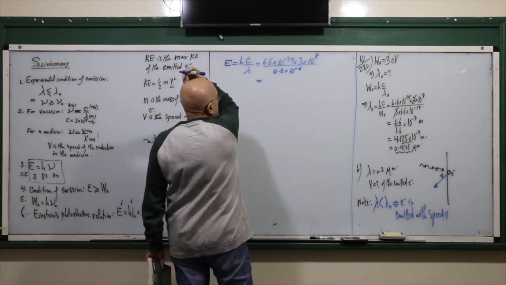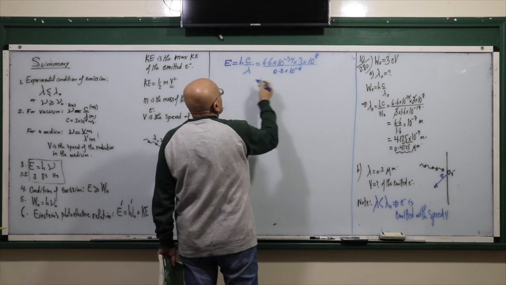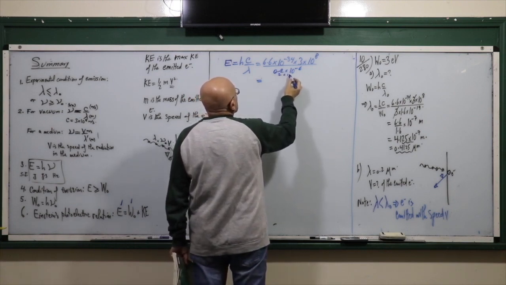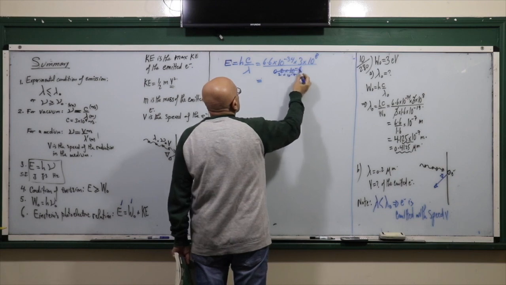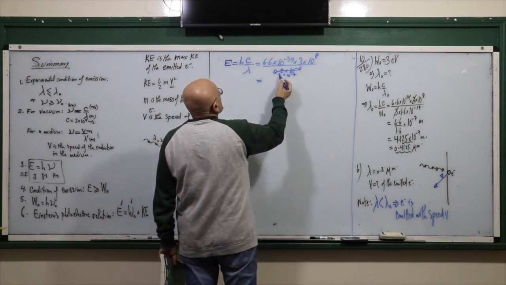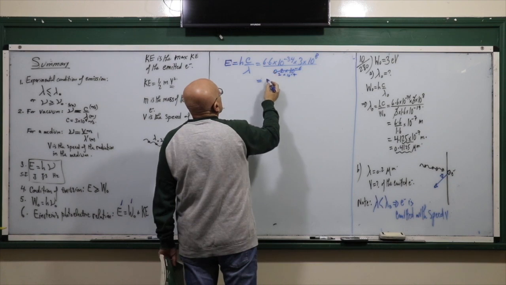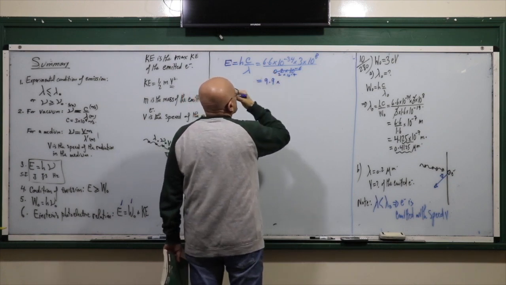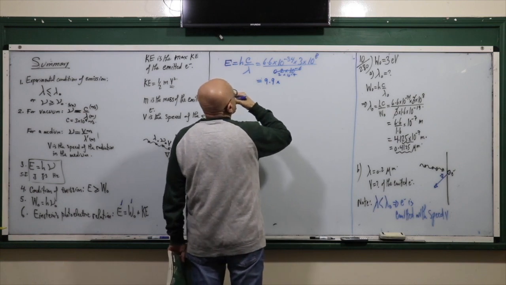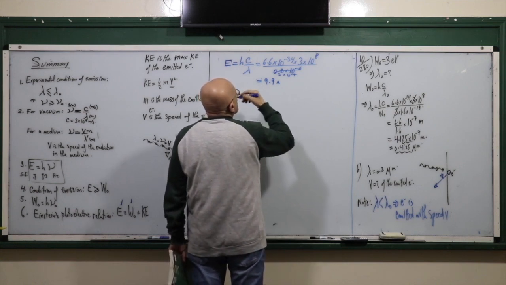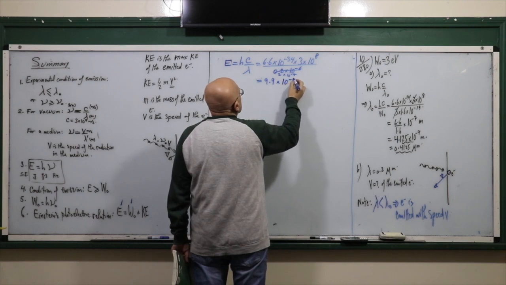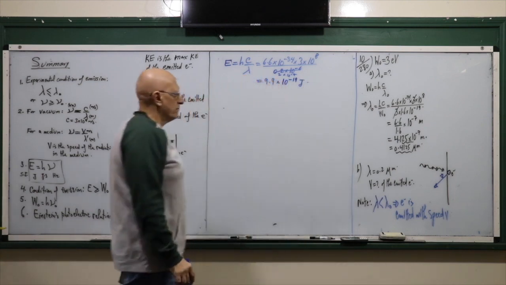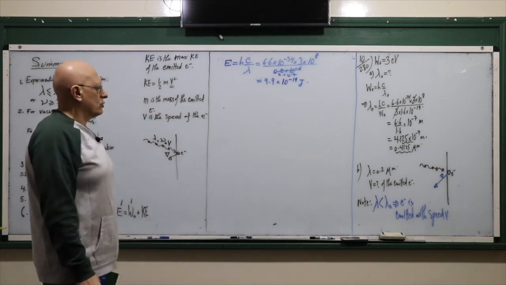You get 2 times 10 power minus 7, which gives 9.9 times 10 power minus 19 joule. Okay, this is the energy.